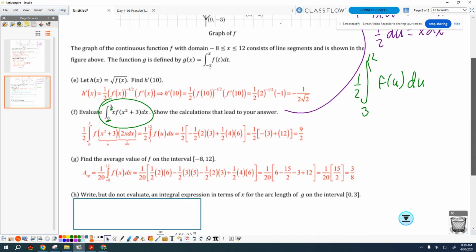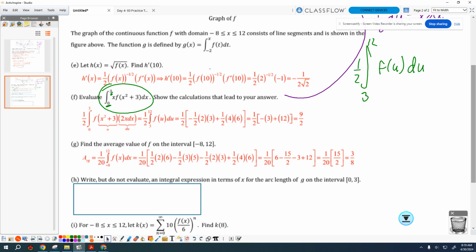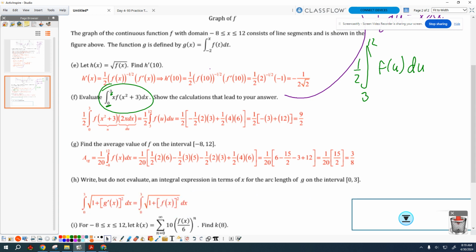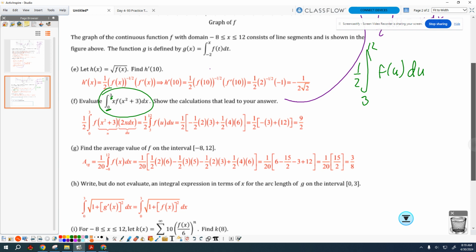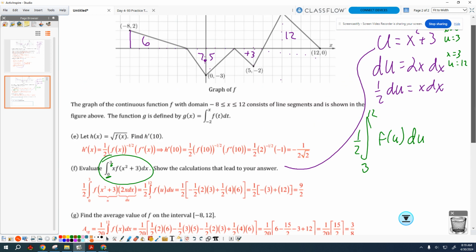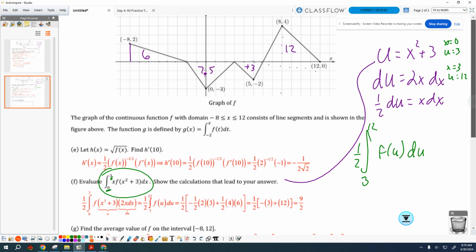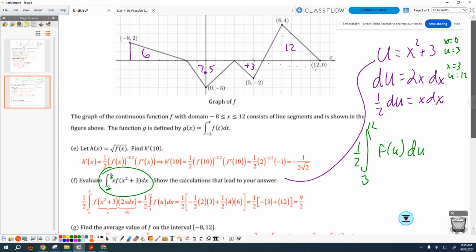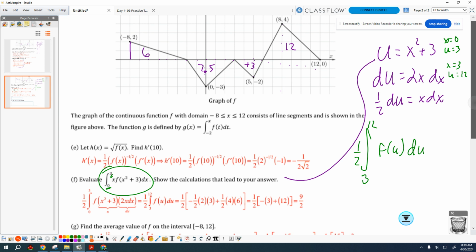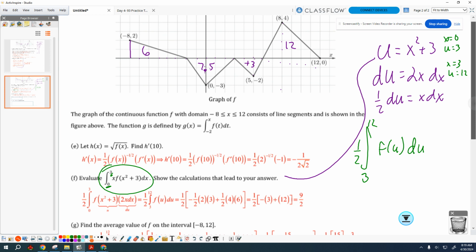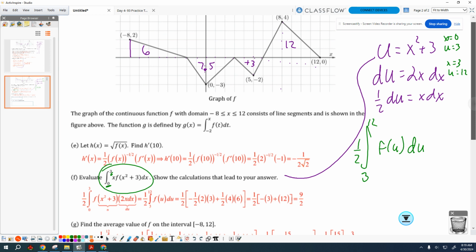This one, a fraction. Yeah. It's a decimal. I can't simplify. That's interesting. It asks you to find the arc length of G.